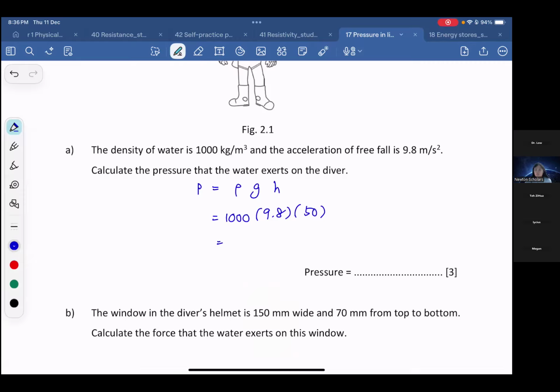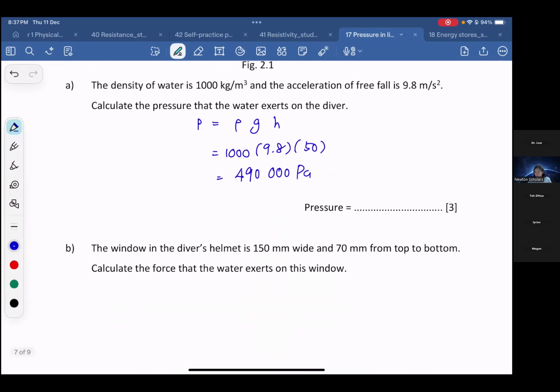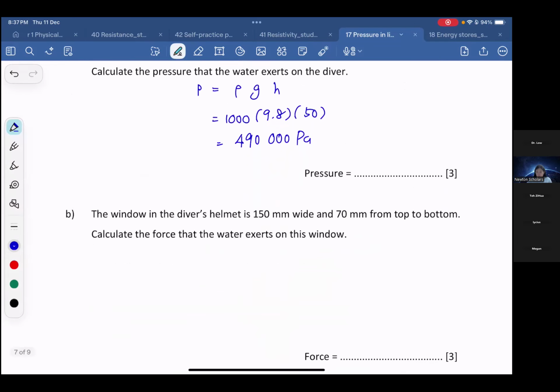Yes, Megan, correct. Emily, correct. Okay, 490, 1, 2, 3 Pascal. How many zeros, you have to write it properly. Sometimes you press the calculator wrongly, but when you copy it down, you add one more zero or one less zero. That is a problem of students. So if 3 marks: formula 1 mark, substitution 1 mark, final answer with unit 1 mark.